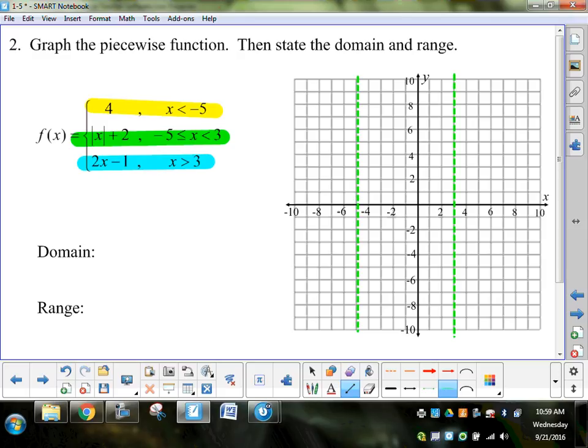Perfect. You're constantly graphing out a 4 here. So all of these points would get a dot here. The output's always going to be 4. Now, is that an open circle or a closed circle at the boundary value? Terrific.